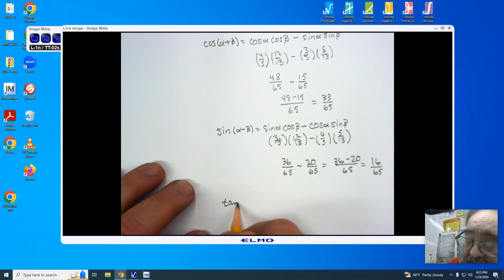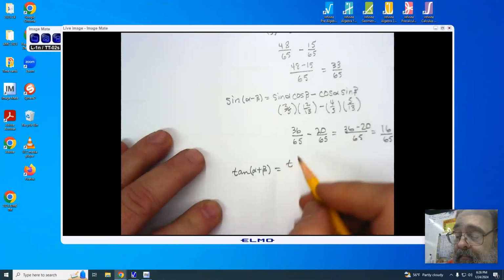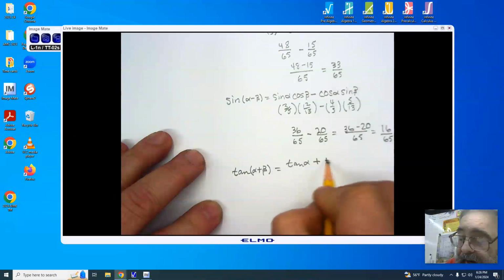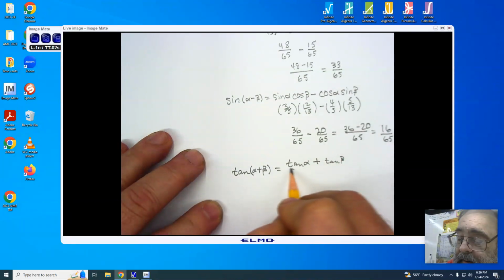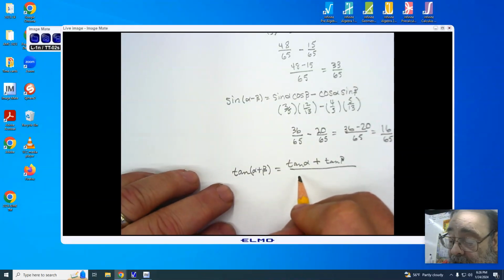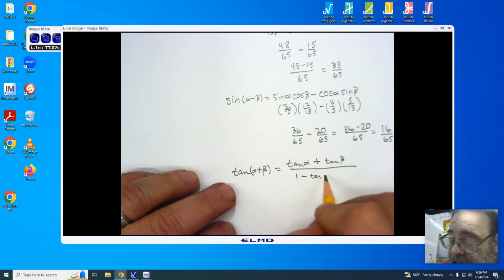Tangent of alpha plus beta. So we're looking at tangent of alpha plus the tangent of beta divided by 1 minus our tangent of alpha, tangent of beta.